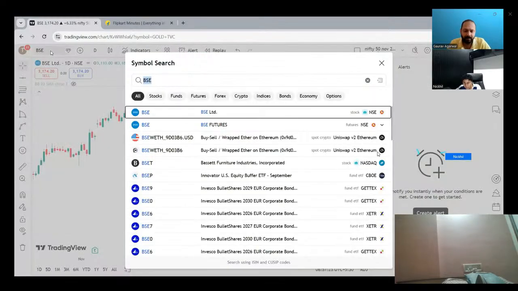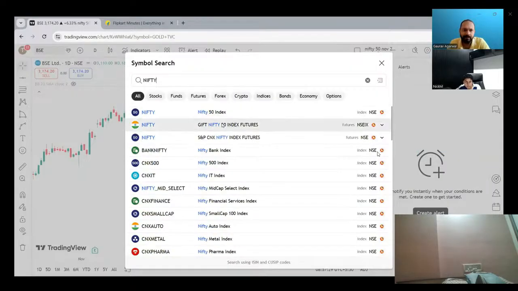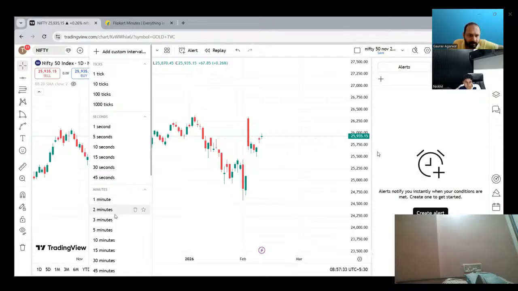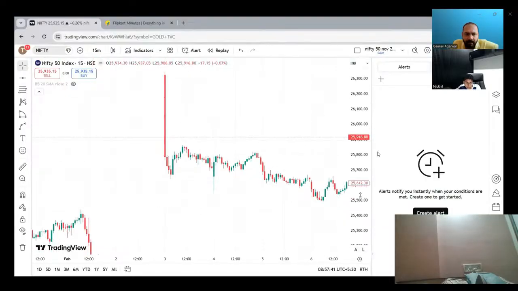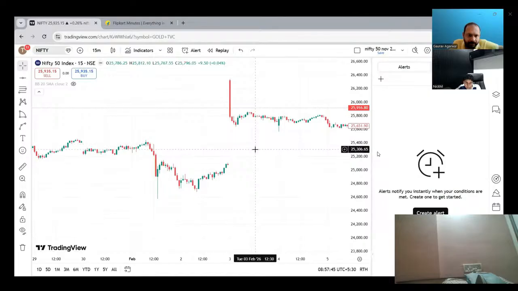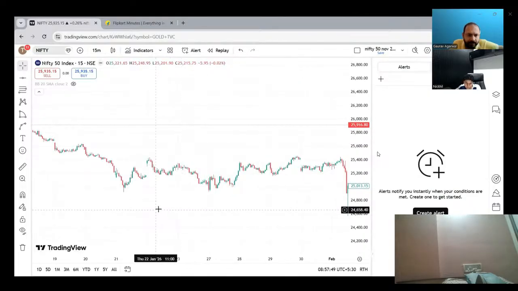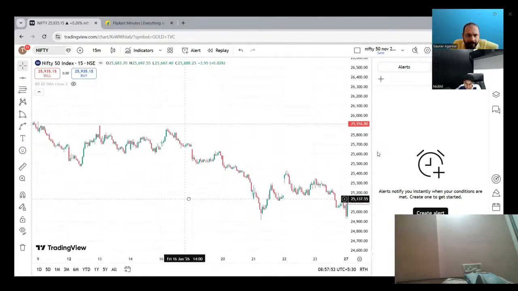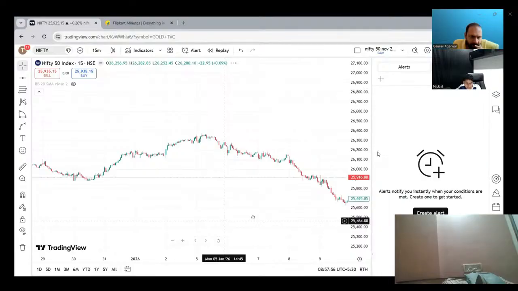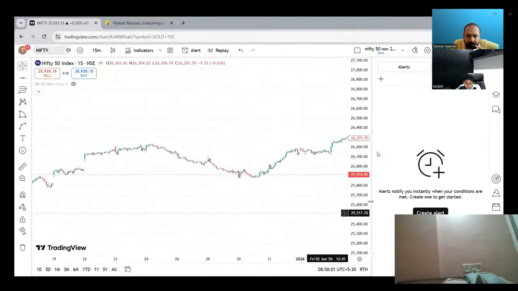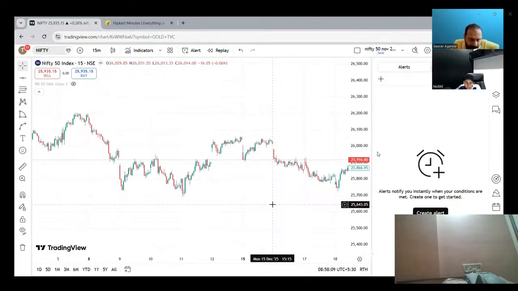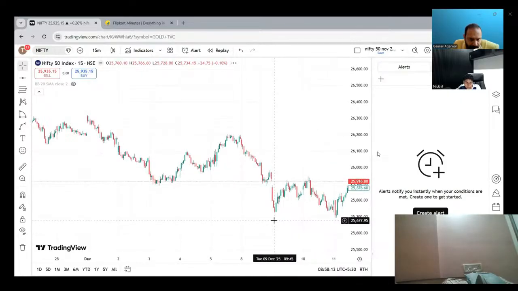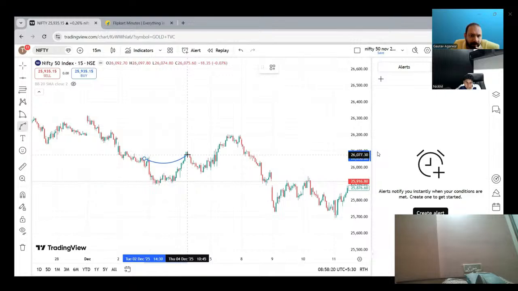So mostly we can see in Nifty index. Maybe this you can consider.